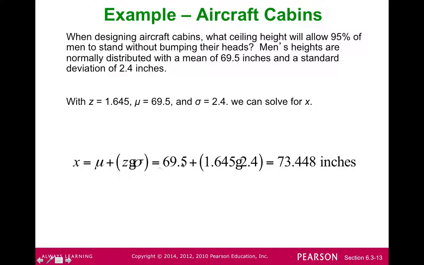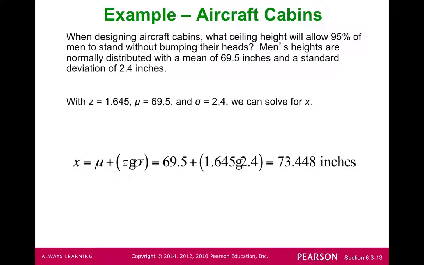So when we plug in our numbers, we're going to have 69.5, our mean, plus 1.645, our z, times our standard deviation, 2.4. And when we do out that math, we find that that maximum ceiling height to allow 95% of men to stand without bumping their heads would be 73.448 inches. So we have now solved for x using the data that we were given in the problem and the conversion formula.